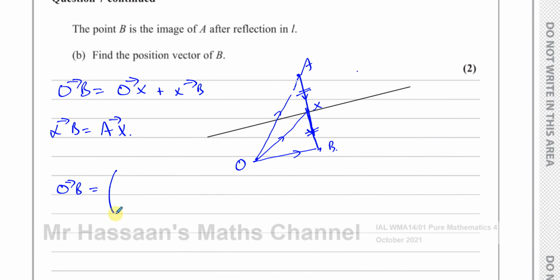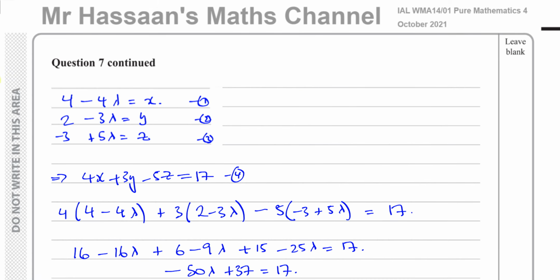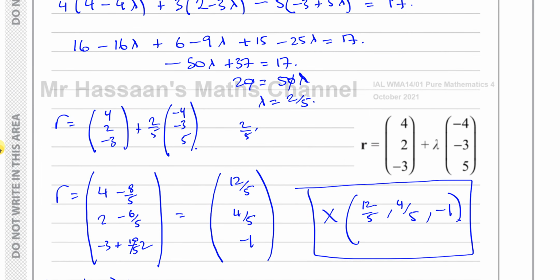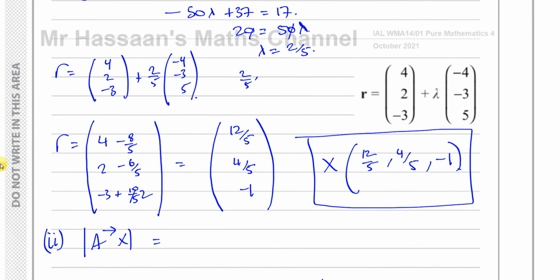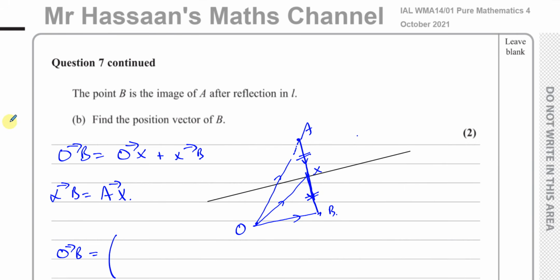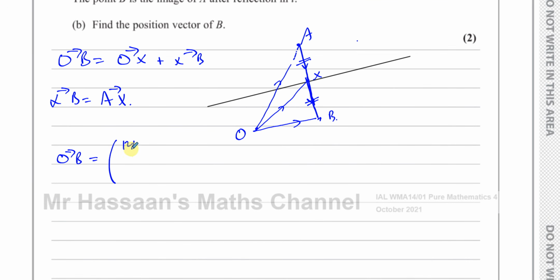is the vector from O to X, which we found already, which is what we got when we got the position vector, which was this vector here: 12 over 5, 4 over 5, and minus 1.